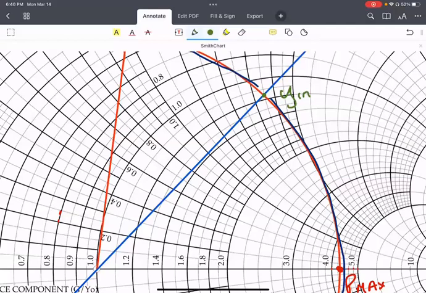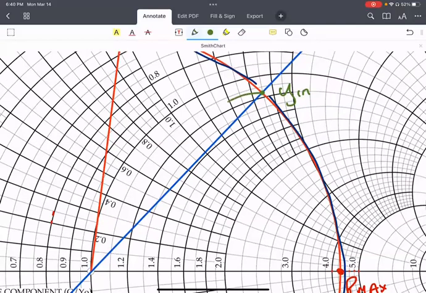So it's in between 1.1 and 1.2. So it's pretty close to the center. I'd probably say 1.15, 1.15. Yes. Something like that.